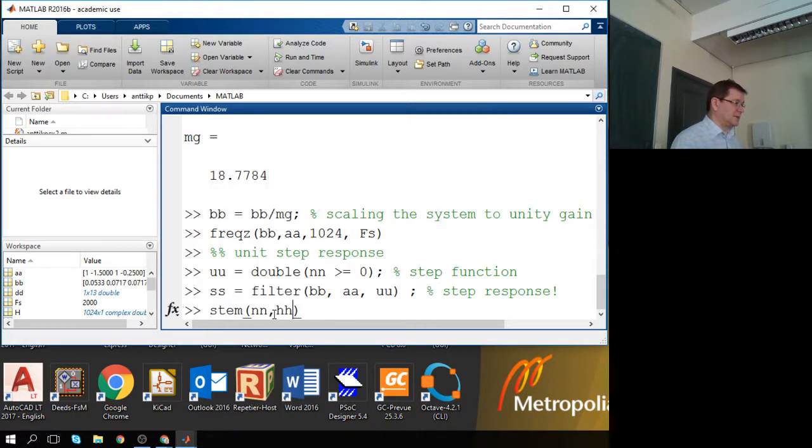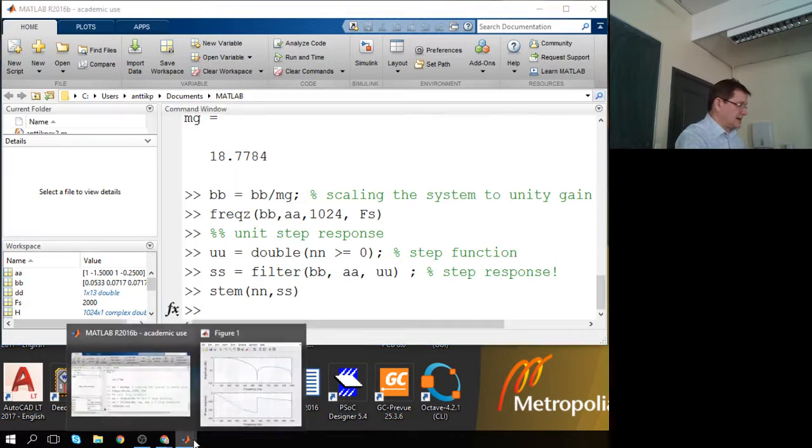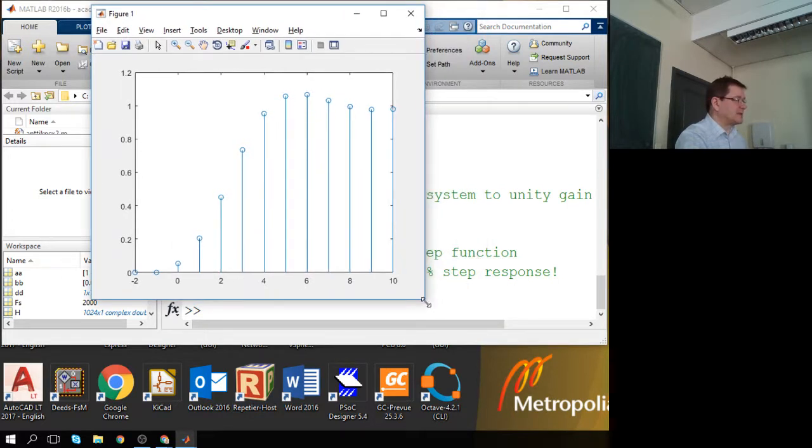And then stem. And that's the unit step response of this system. Okay, good.